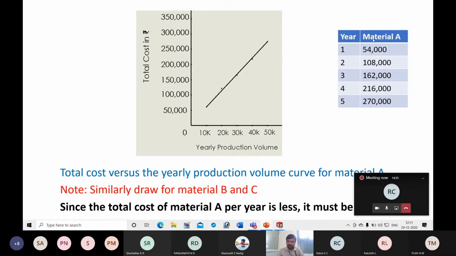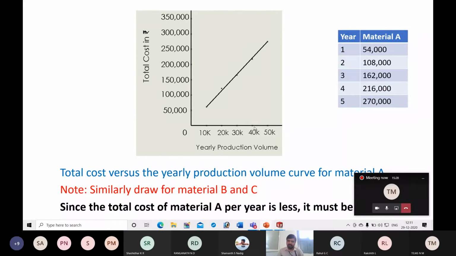For example, for material A, after 1 year, production volume will be 10,000 units, and the material cost is 54,000. Next, after 2 years, production volume will be 20,000 and material cost is 1,08,000. Next, after 3 years, 30,000, the total cost will be 1,62,000.